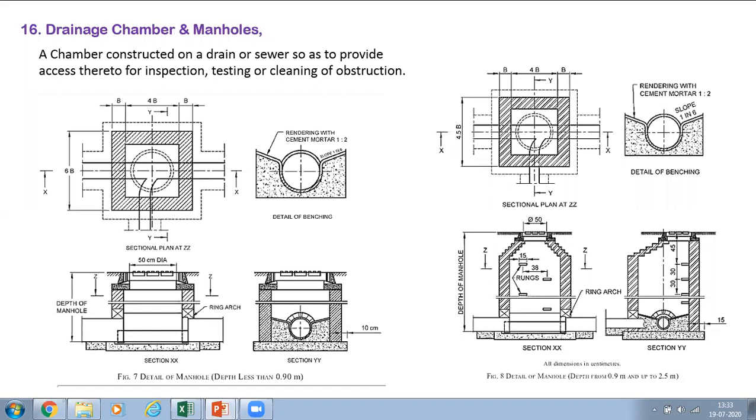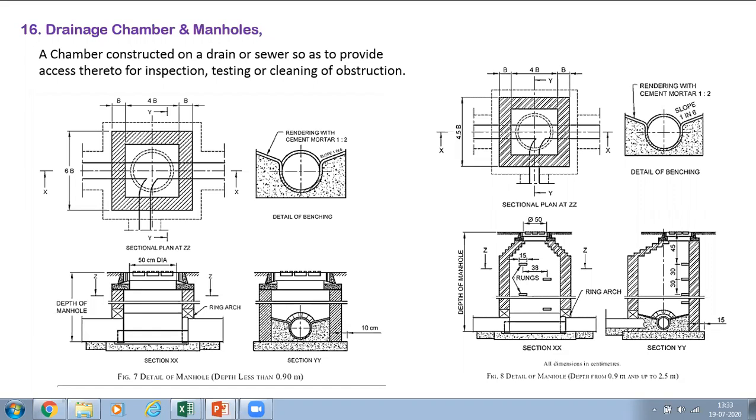Normally in our thumb rule, we can make the depth up to 2D. If you are providing a 600 mm square inspection chamber, you can go up to a depth of 1.2 meter, that's all. More than 1.2 meter you cannot access the inspection chamber. That is our thumb rule.